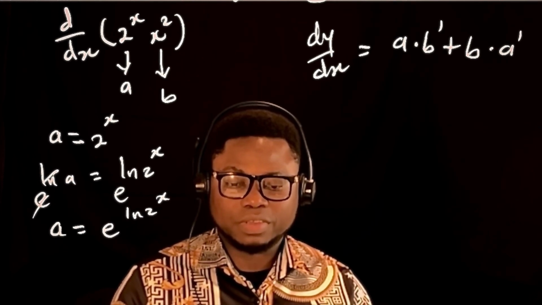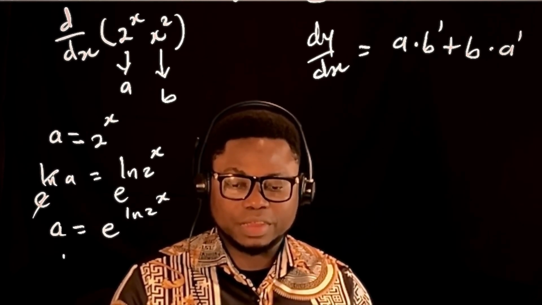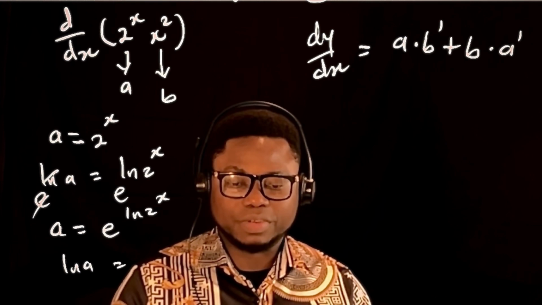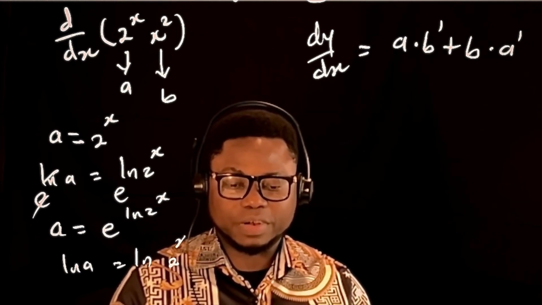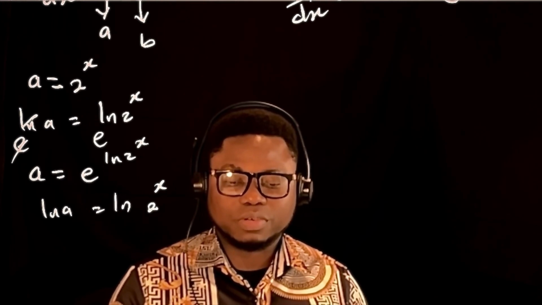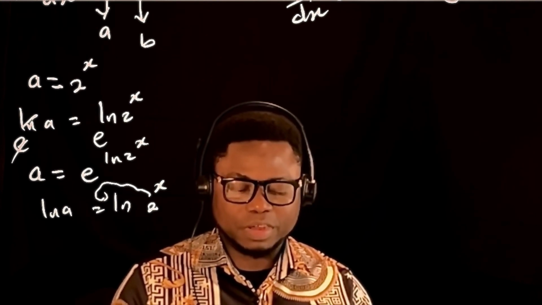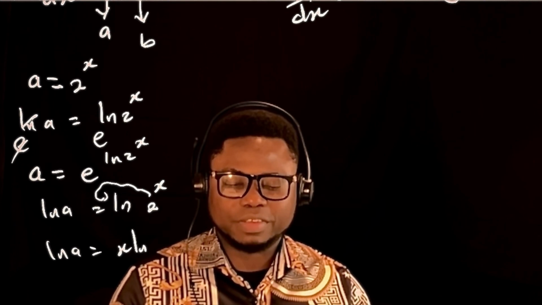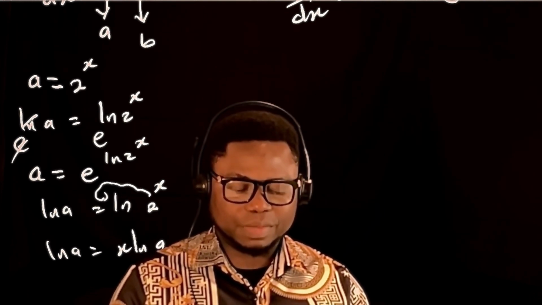when I got ln a is equal to ln 2 raised to the power of x, I can say that because if I apply power law of logarithm, this x is going to multiply ln 2. So now I will have ln a is equal to x ln 2. So it's still the same thing here.